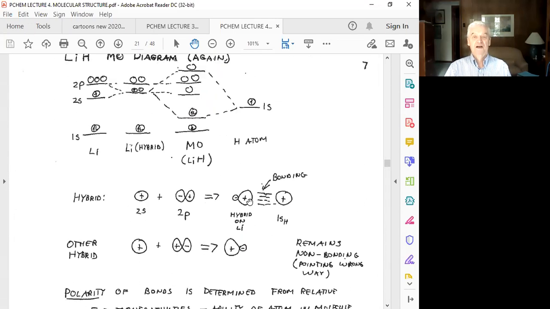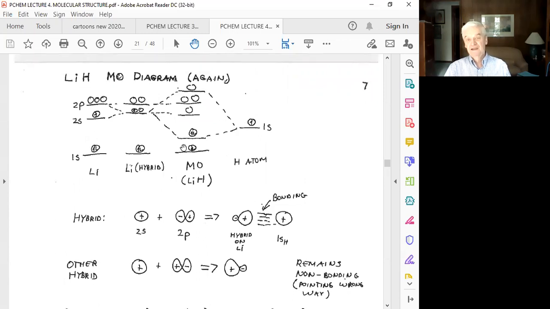If you look at this diagram, if you look at the molecular orbital that's formed, its energy is closer to the energy of the 1s orbital than it is to the 2s or 2p orbitals of lithium. And consequently, the wave function is going to have much more contribution from the hydrogen than the lithium.